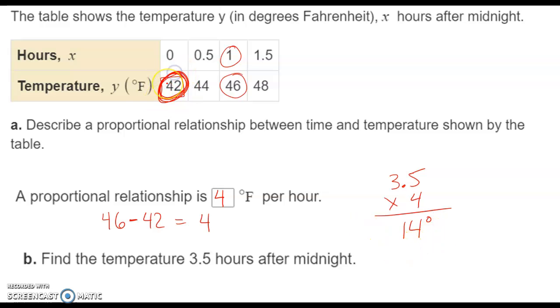It started at 42 degrees. So you're going to take 42 degrees plus the 14 degree increase, and that's going to take the temperature to 56 degrees Fahrenheit. So after 3.5 hours after midnight, it would be 56 degrees Fahrenheit.